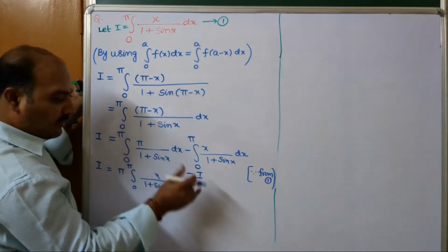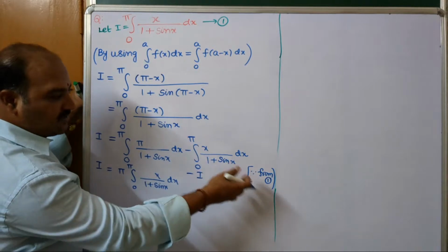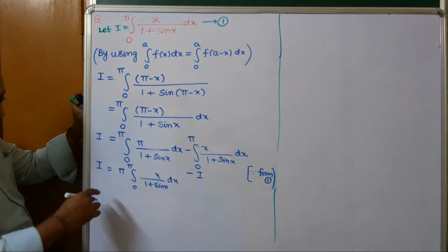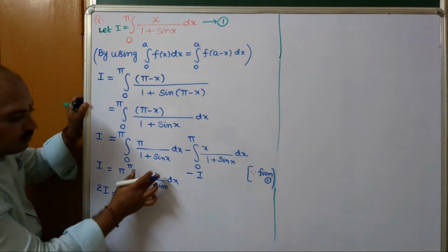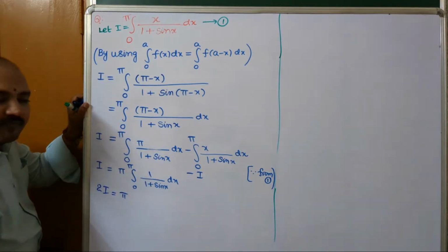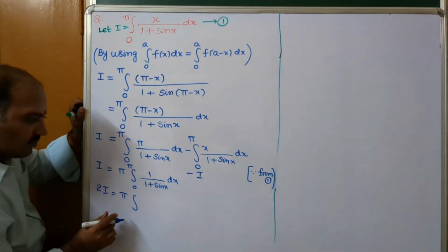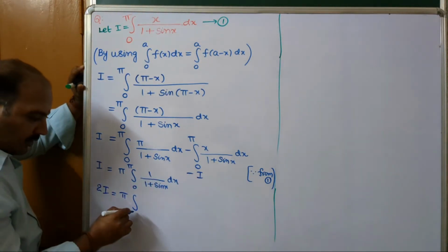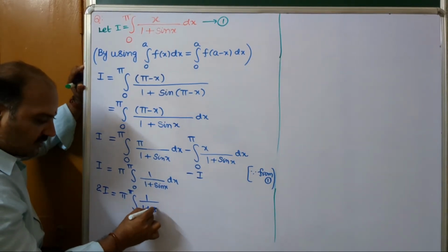We can split into terms: pi by 1 plus sin x dx minus x by 1 plus sin x dx. From equation 1, this value will be I. I bring this side, 2I is equal to pi into integral 0 to pi of 1 by 1 plus sin x.